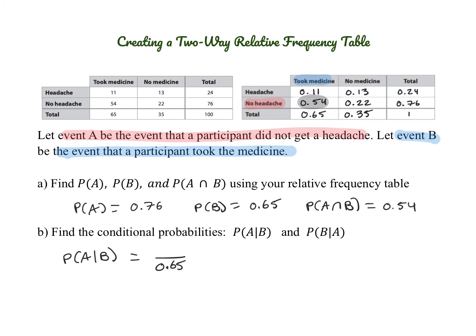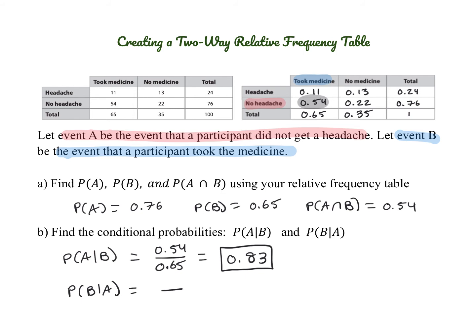And then our numerator will be event A, the event that a participant did not get a headache, so we'll do 0.54. And if I divide those two numbers, we get 0.83. Here we'll just leave it as a decimal because they don't ask us to write it as a percentage.